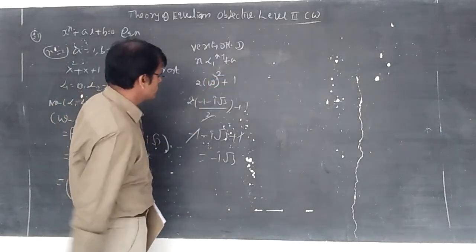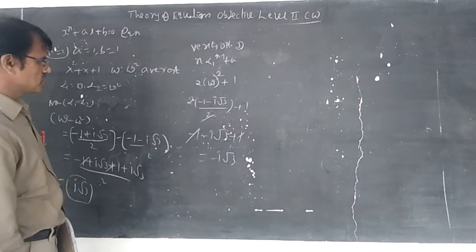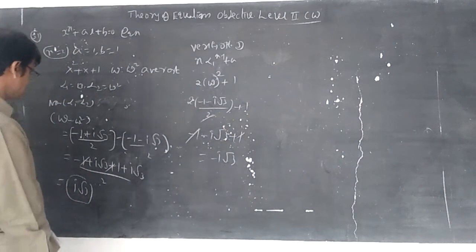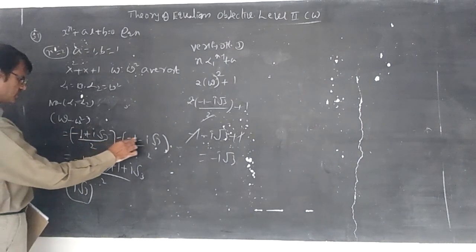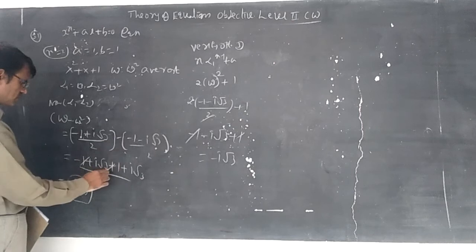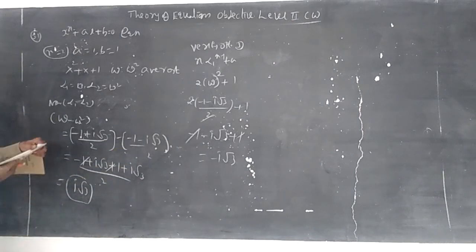Omega whole square is nothing but minus 1 minus I root 3 by 2. So minus 1 plus 1, it is minus I root 3. This is minus 1 plus I root 3 by 2, minus of minus 1 minus I root 3 by 2, so plus I root 3 we got it.